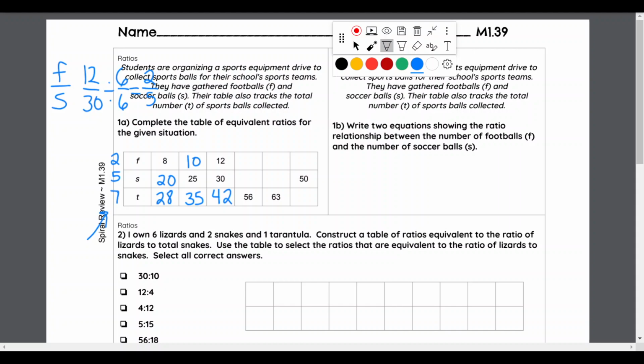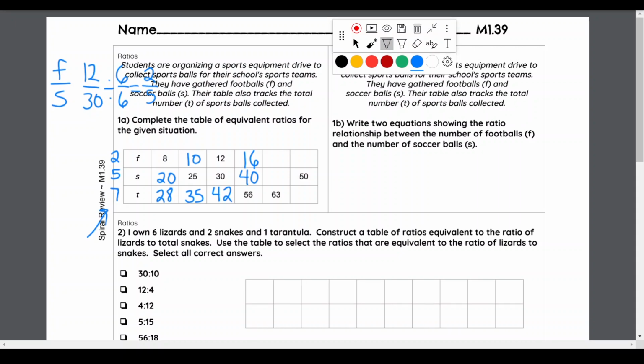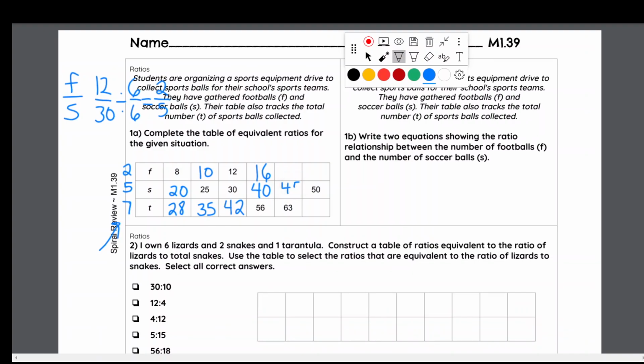2 times 6 is 12, 5 times 6 is 30, 7 times 6 is 42. 7 times 8 is 56, 5 times 8 is 40, 2 times 8 is 16, 16 plus 40 makes 56. 7 times 9 is 63, 5 times 9 is 45, 2 times 9 is 18, 5 times 10 is 50, 2 times 10 is 20, 7 times 10 is 70.